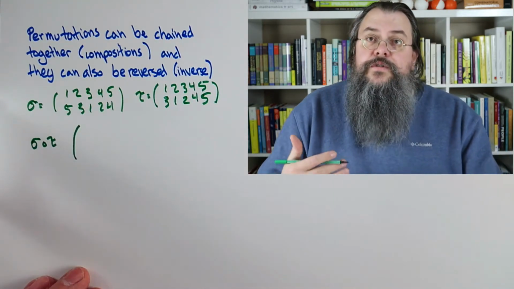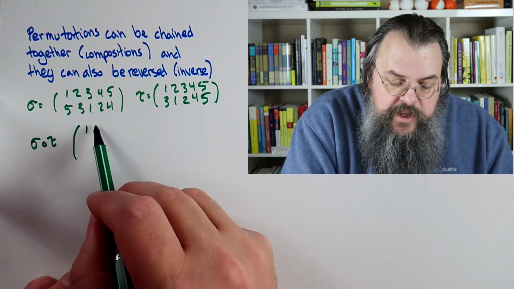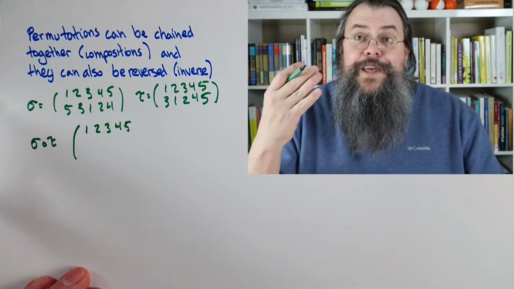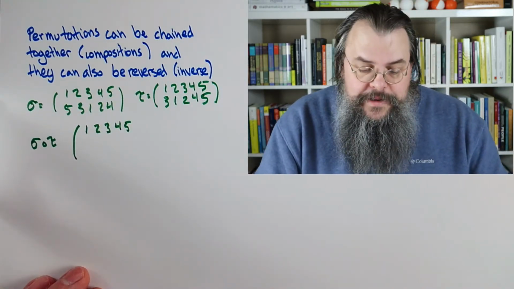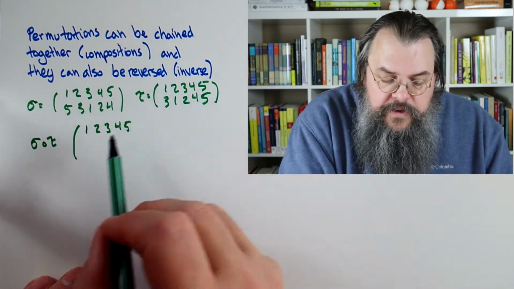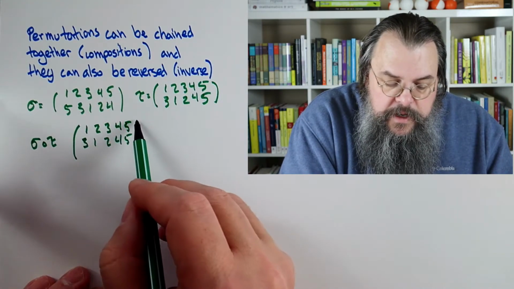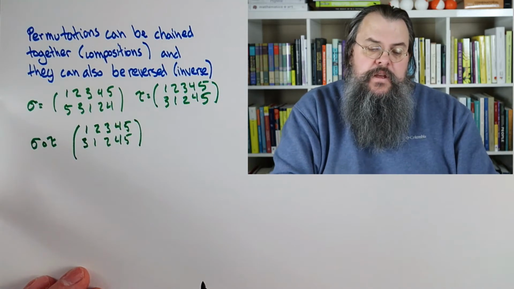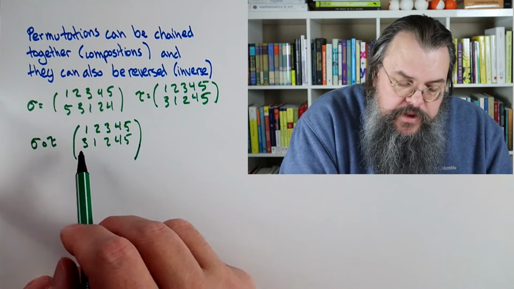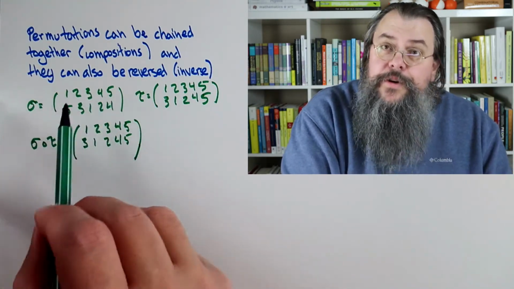So how can we think about our process here? Let's do an intermediate step. If I first apply tau, I have at the top my first order where I began, 1, 2, 3, 4, 5. And then I apply tau. I know 1 maps to 3, 2 maps to 1, and so forth, so underneath I write 3, 1, 2, 4, 5. All right, great. Now, what happens when we do sigma? I'll just continue. Here I can't just copy this down because my order is a little bit off.